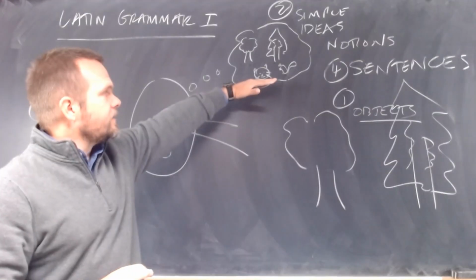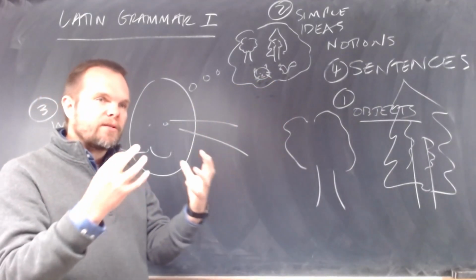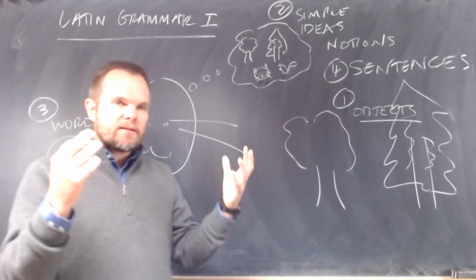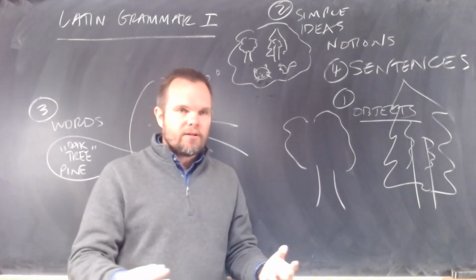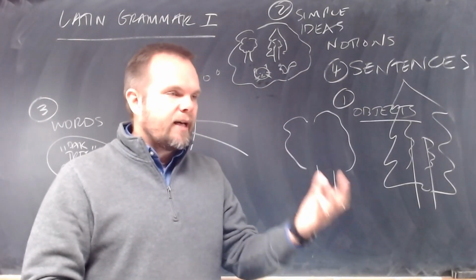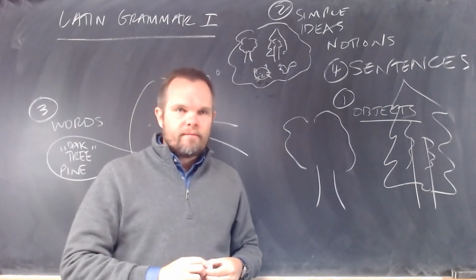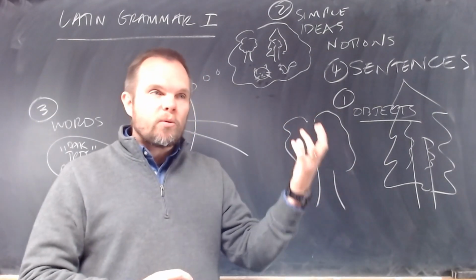The ideas are symbolized by words, and we join words together to form a sentence or to form speech. And what we want to do is communicate that complex idea clearly. We do that by joining words together.